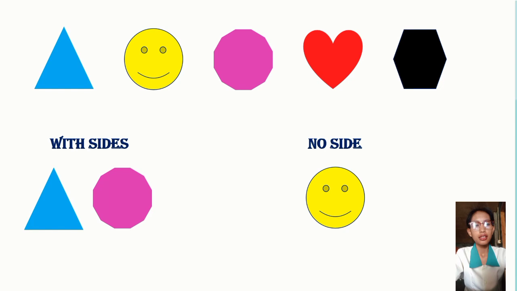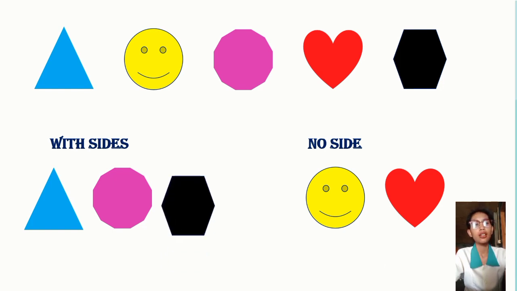Correct. Mapupunta siya sa with side. Ang next natin is yung heart. Saan kabilang yung heart? Correct. Siya ay kabilang sa no side. Ang last natin ay hexagon. So, saan mapupunta si hexagon? Correct. Siya ay mapupunta doon sa with side.